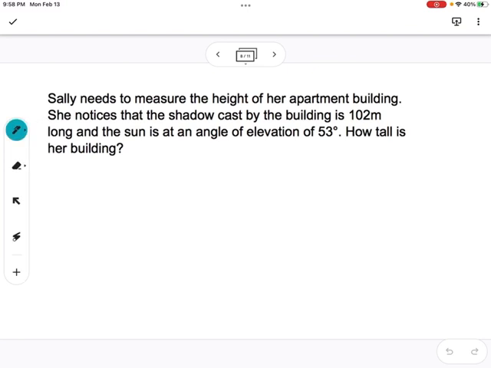We have an apartment building. We have the ground. We need to know the height of the building. So we don't know the height of this building. That's what we need to find.